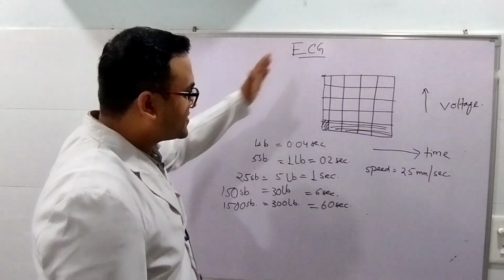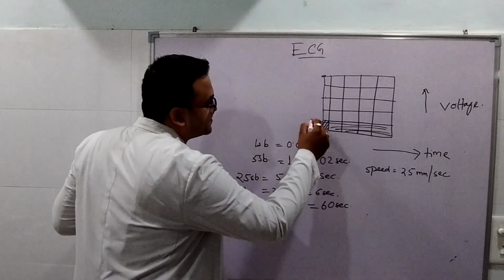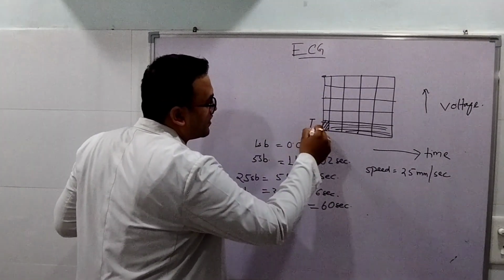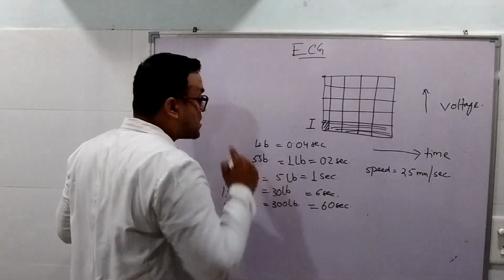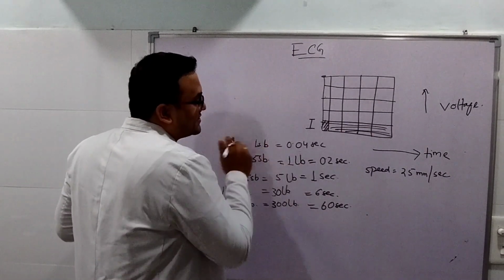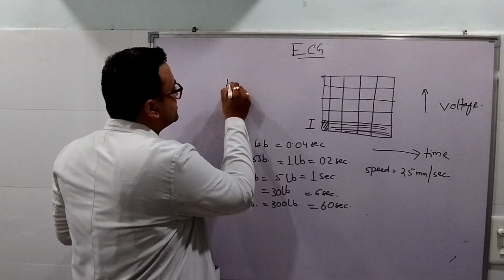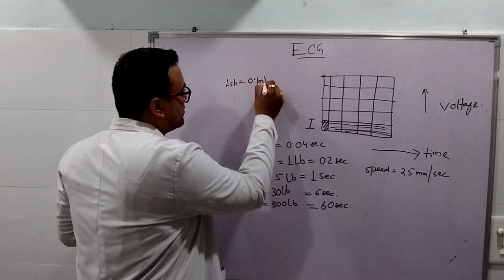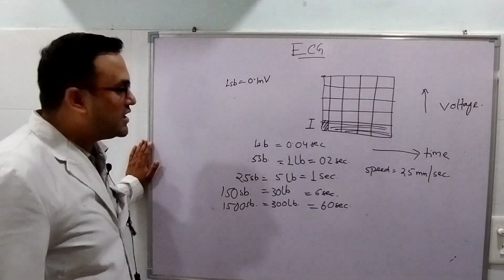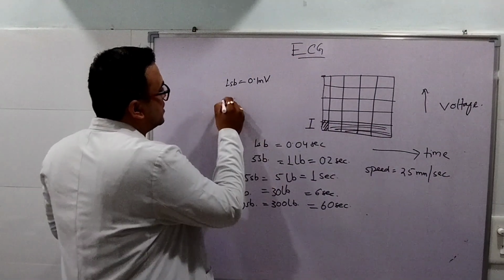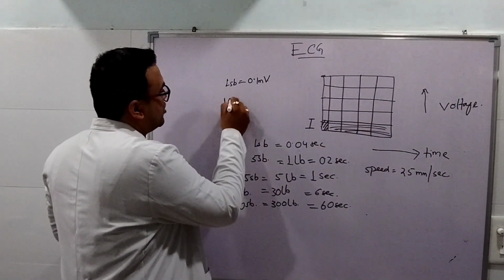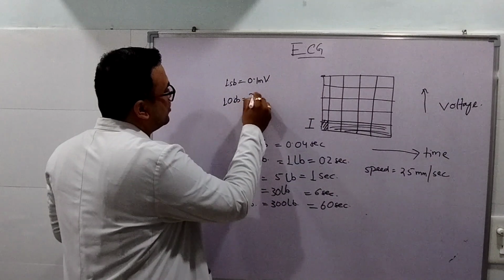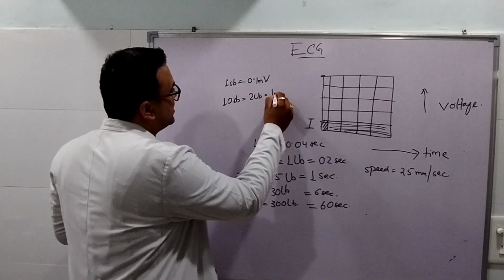The y-axis: one small box is equal to 0.1 millivolt, and 10 small boxes is equal to 2 large boxes, which is equal to 1 millivolt.